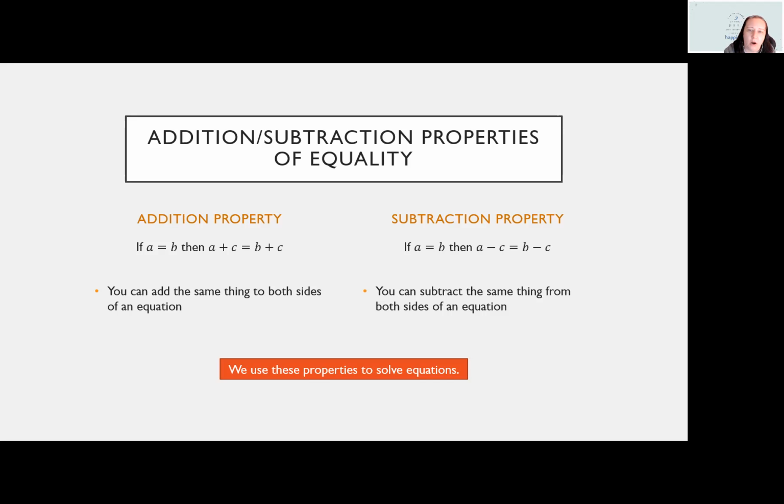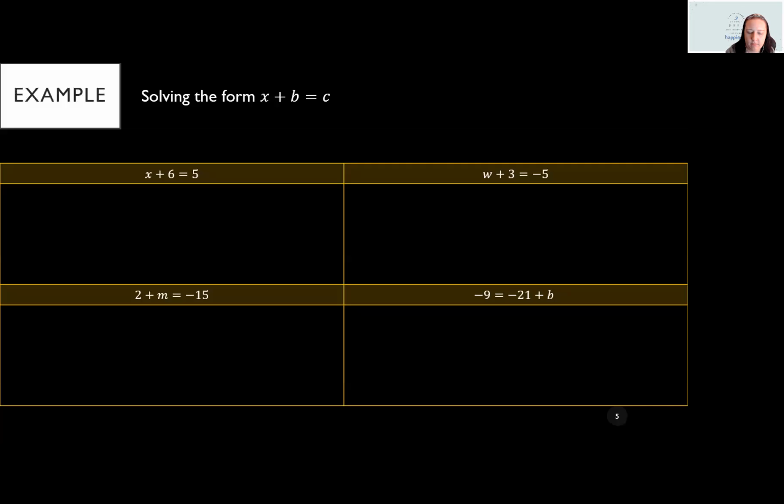So we use these properties to solve. Our goal is to get the variable by itself, because that's what we're trying to get the answer for. These are all in the form x plus b equals c, where x is our variable. So it's basically a variable with a number added on, or a number plus a variable, and that it's equal to another number.